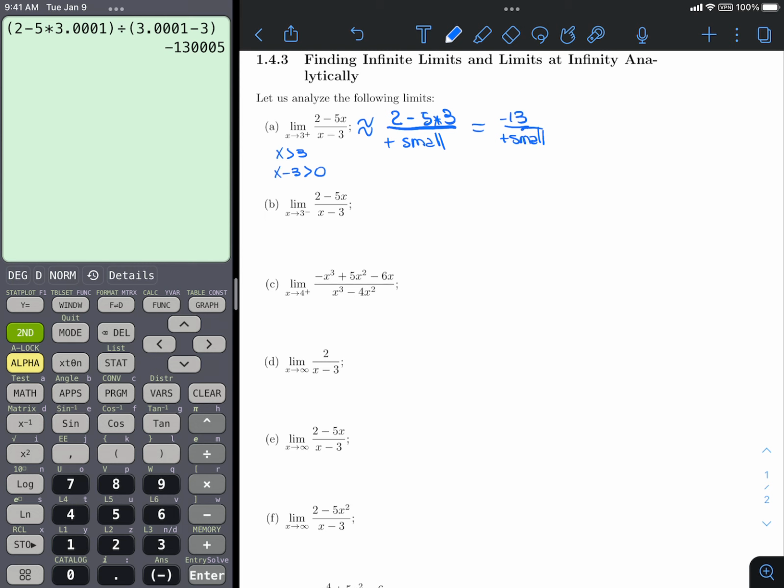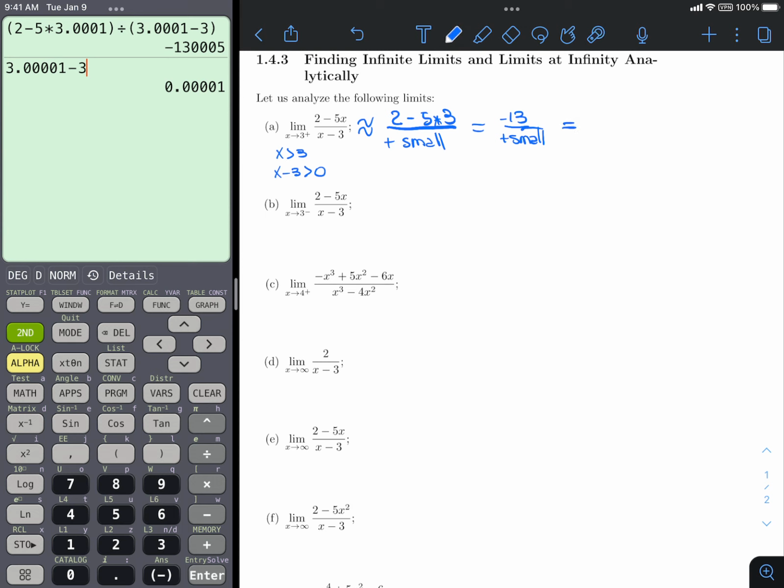And like I said, the small comes from the fact that x is, let's say, 3.0001 minus 3, that's very, very small, but still positive. So that's my small there.